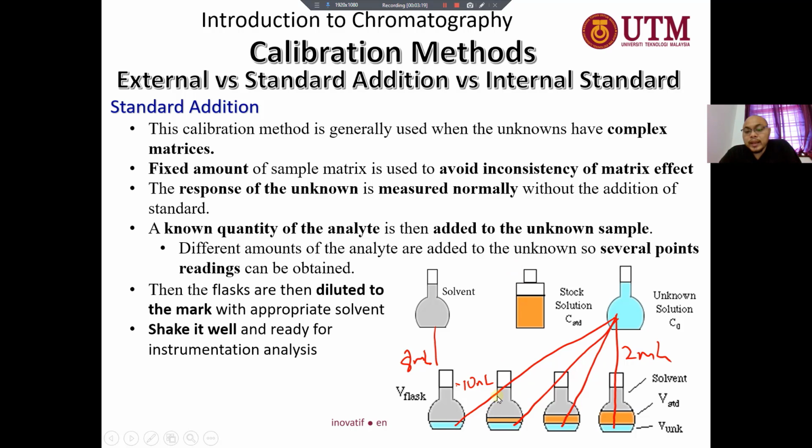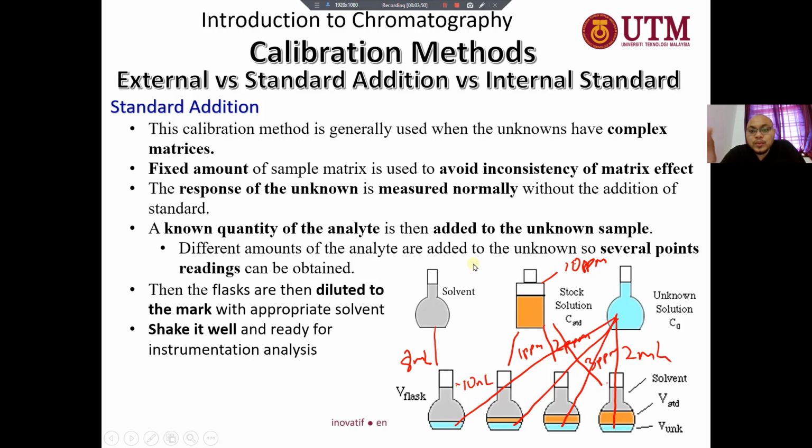So we need to add to several flasks to make the calibration points. We need to add a known quantity of the analyte. For example, let's say the stock solution is 10 ppm. We want to add 1 ppm to the first flask, 2 ppm here, and 3 ppm here. How much do we need to take from the stock solution?